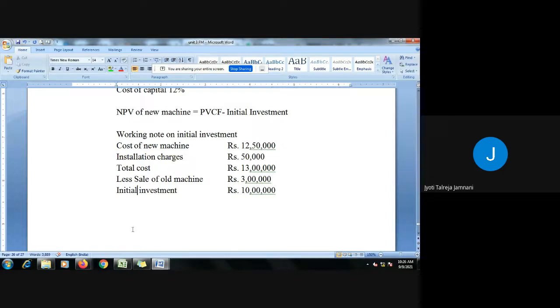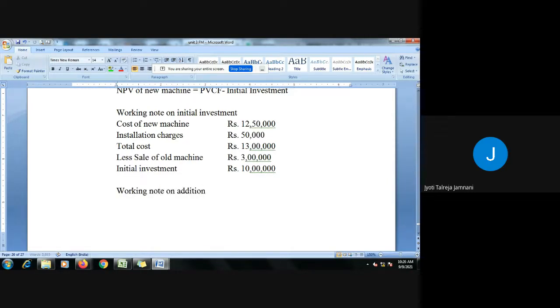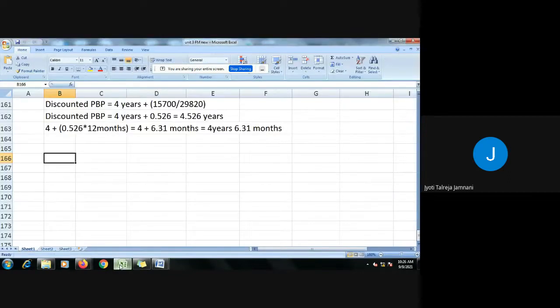Okay. Now the next working note on depreciation, or we'll also call it working note on additional depreciation. Additional depreciation means we are going to see how much is the new depreciation. So I'll do it in the Excel sheet. It will become easy.